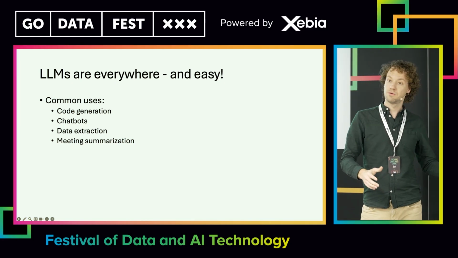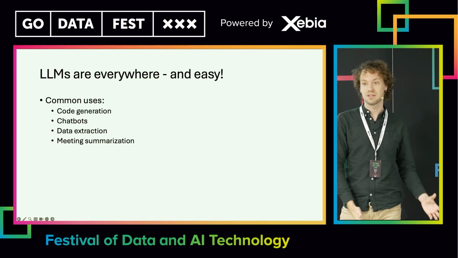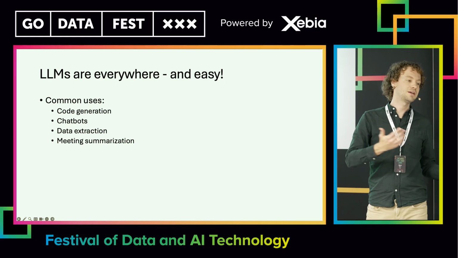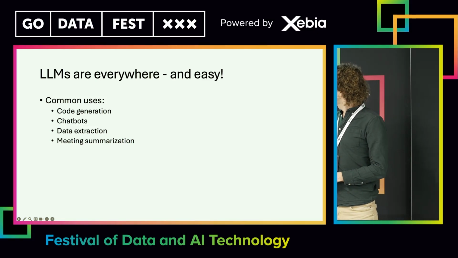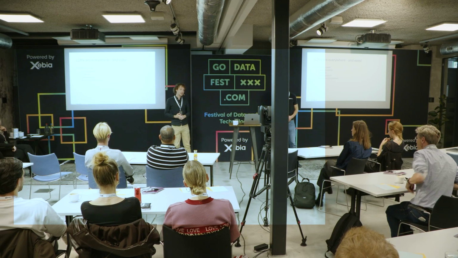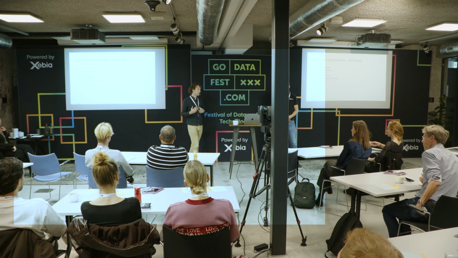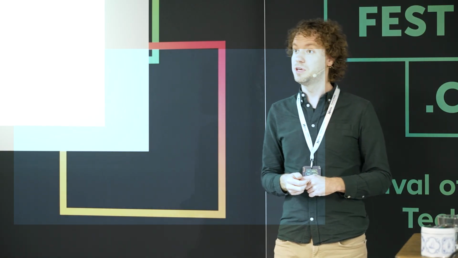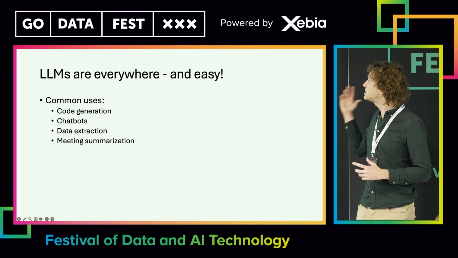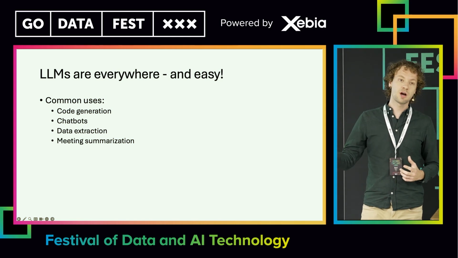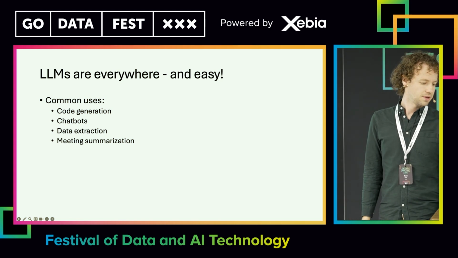For example, searching through contracts, you want to do data analysis, and then you can use the data extraction. But also in our day-to-day life, we use LLMs, for example, for meeting summarization. So we see they're everywhere and they're becoming more and more common.